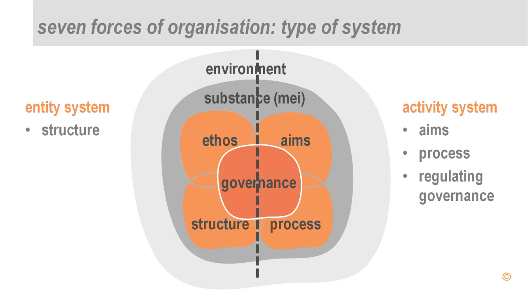That is, how do the different activity systems of the entity interact with each other? So this is the organizational structure. And the ethos of the entity system acts as an attractor to hold the different activity systems and the entity system as a whole together. So ethos and structure are very important, and the emphasis on governance is that of coordinating the governance of the different activity systems.